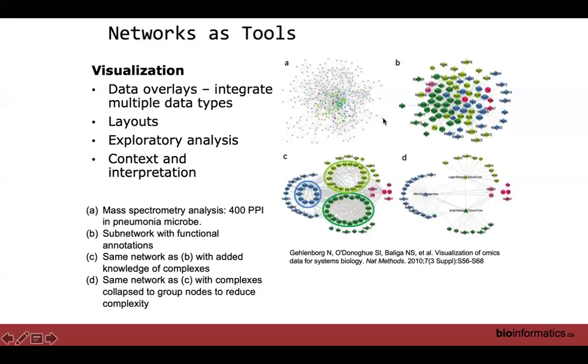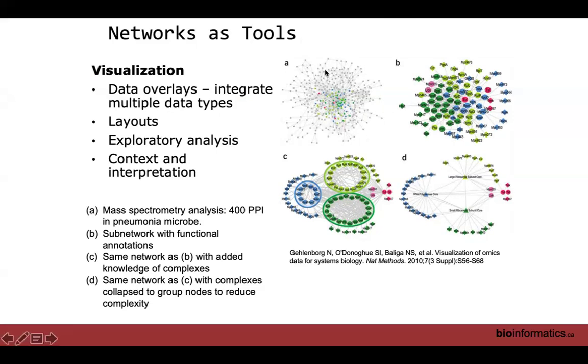So this visualization example is showing mass spectrometry analysis that generated 400 protein-protein interactions in the pneumonia microbe. And in the first picture over here, you can see this is the whole data set. How we lay out this network is going to be very informative to the person who's looking at this figure, right?